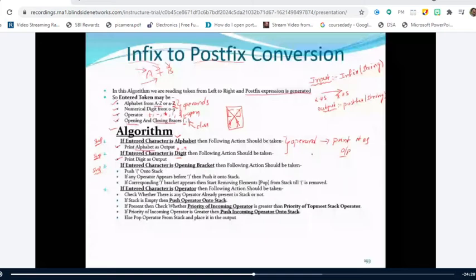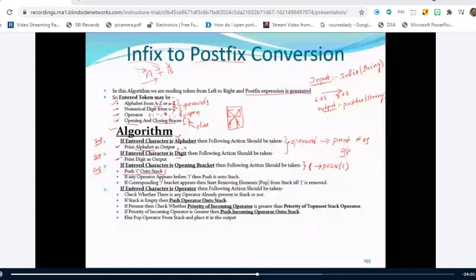You just have to push that opening bracket onto the stack. So whenever you come across an opening parenthesis, nothing to do, you just have to push it. That's it. So what is step 3? It's a simple thing. Whenever you come across this opening parenthesis, what you have to do is push that symbol onto the stack.